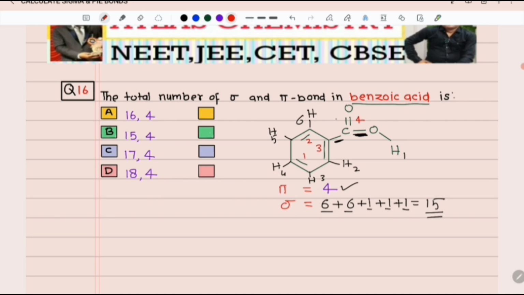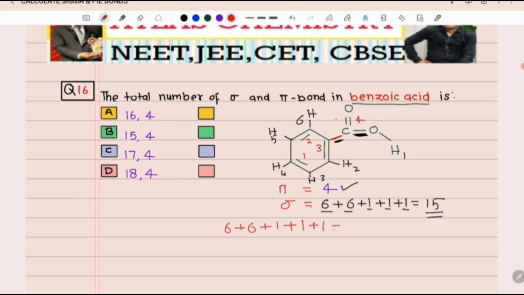Again we have to recheck how many sigma and pi bonds are there. Here are 4 pi bonds, that is very easy to see. Now in the ring there are 6 sigma bonds and there are 6 hydrogens, so there will be 6, and there is 1 sigma bond between the ring and the carbonyl group, and one between the carbon and oxygen of the carbonyl group, plus one between carbon and oxygen.